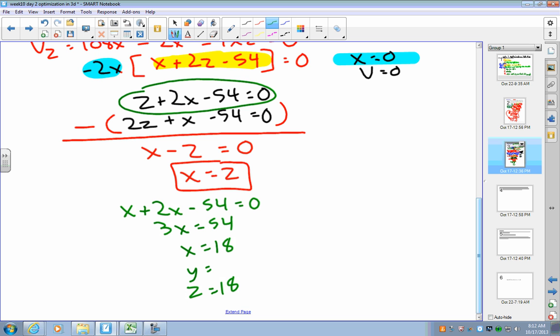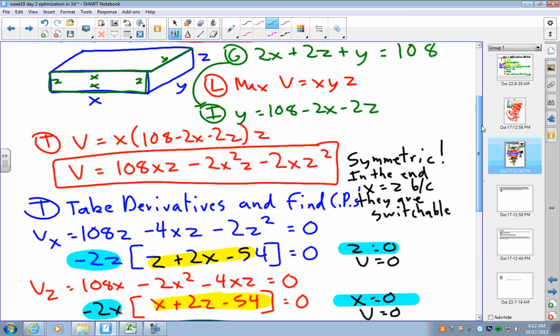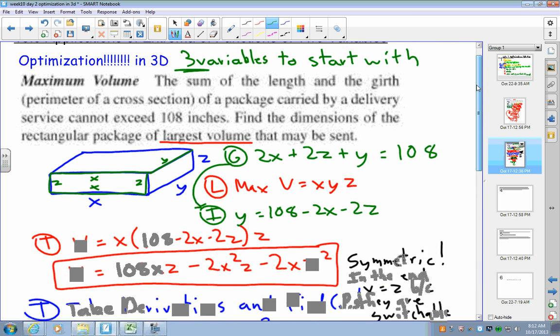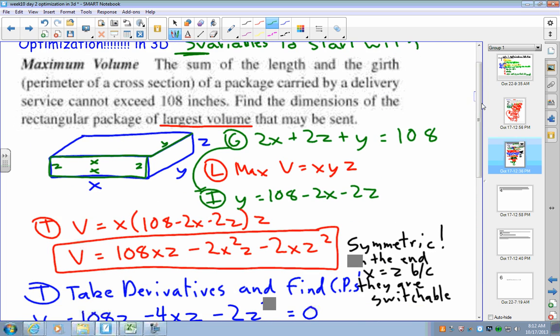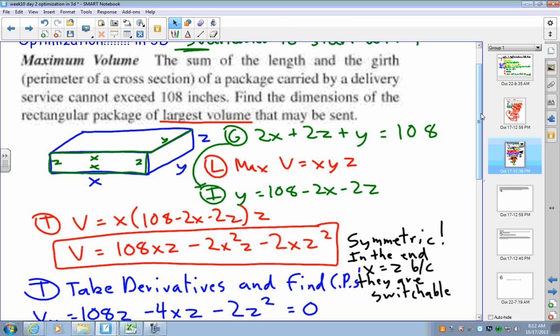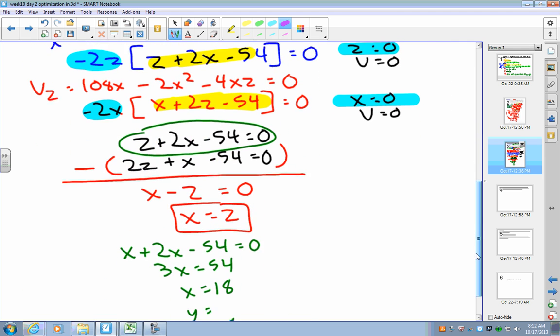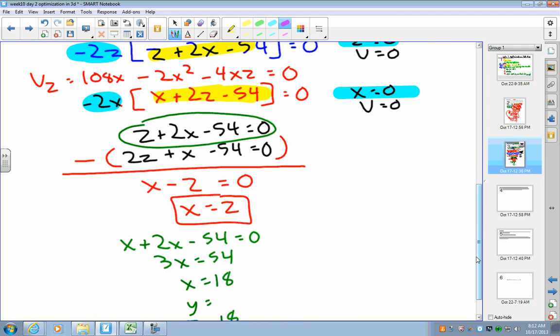Where am I going to go to get the y? Where does y equal something? Okay, what about right here? y equals, on this part, because I isolated it. So if I plug 18 into the y part, you get 36 for the y.